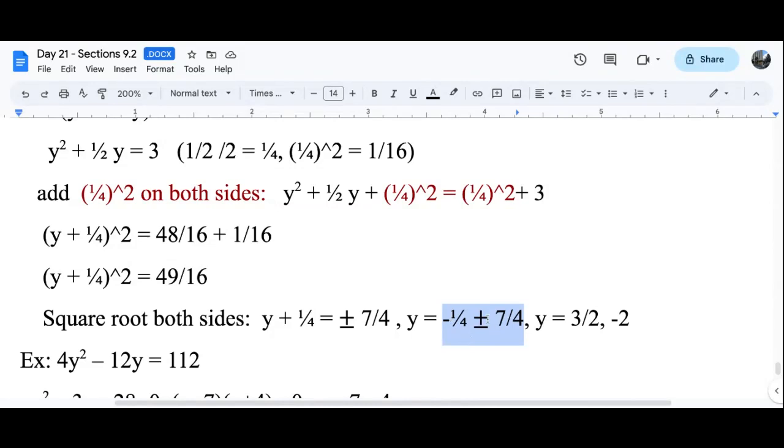So we have plus or minus 7 over 4 minus quarter. 7 over 4 minus quarter is 6 over 4, which is 3 over 2. Negative 7 over 4 minus 1 over 4 is negative 8 over 4, which is negative 2. Two solutions, exactly the same as before. Any questions for this one?